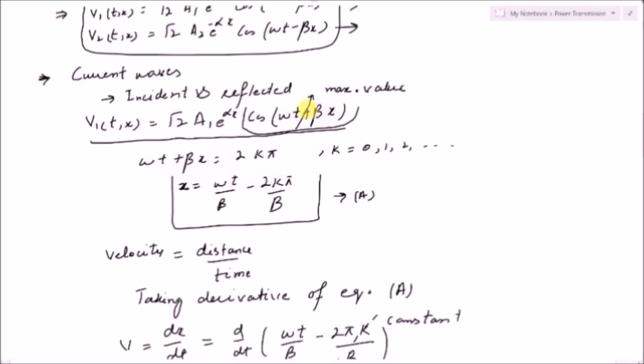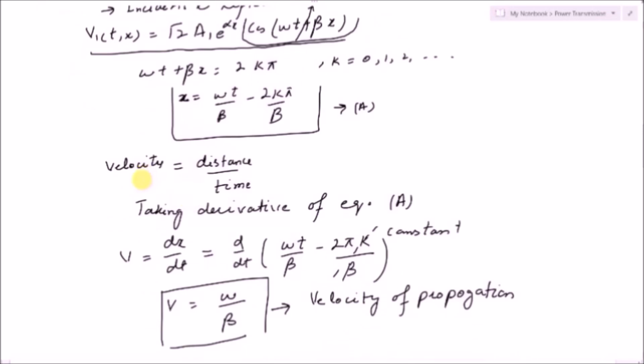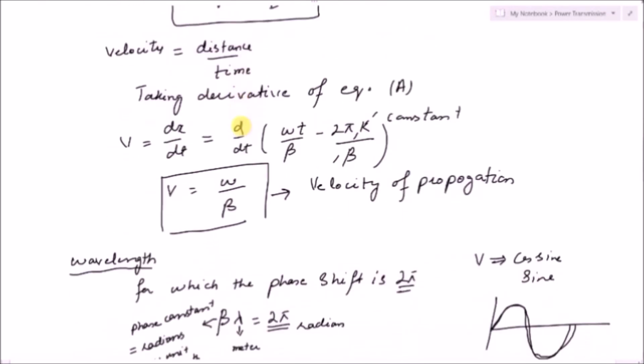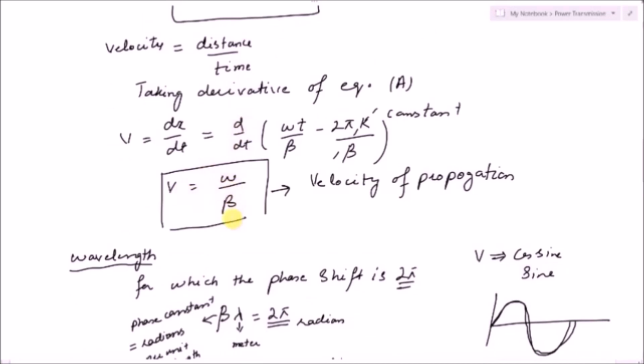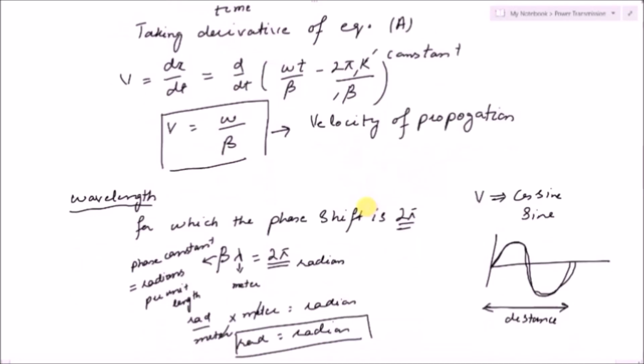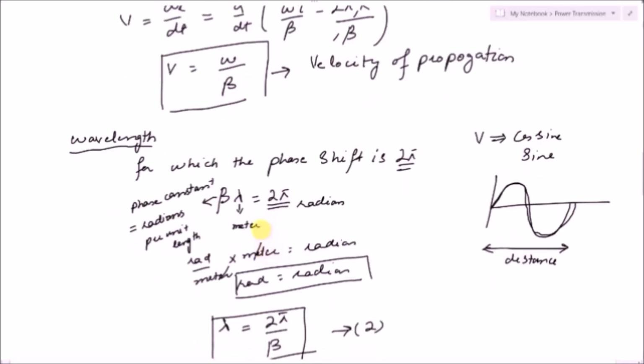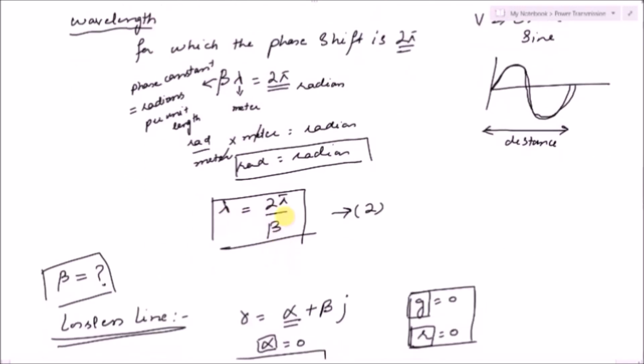So we made it equal to 2 pi k, and from there we calculated the distance, and for the velocity we just had to take the derivative of this particular equation, and I found that V is equal to omega by beta, which is the velocity of propagation. For the distance for which the phase shift is 2 pi, I used this particular relation, and from there we found that lambda is equal to 2 pi by beta. It is actually the wavelength, or the distance for which the phase shift is 2 pi.